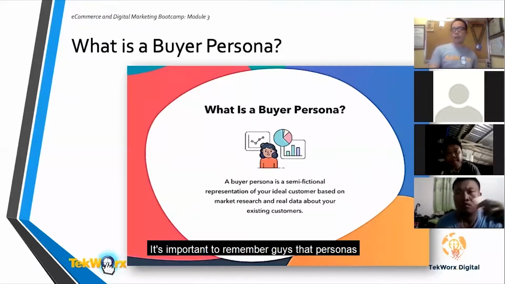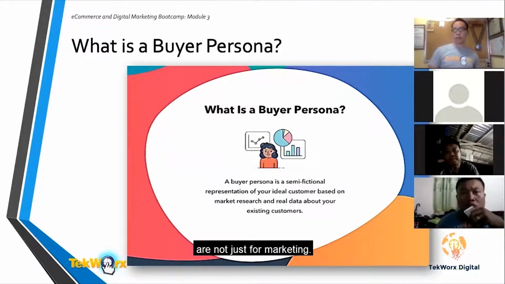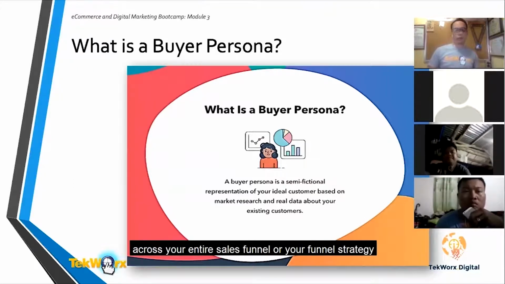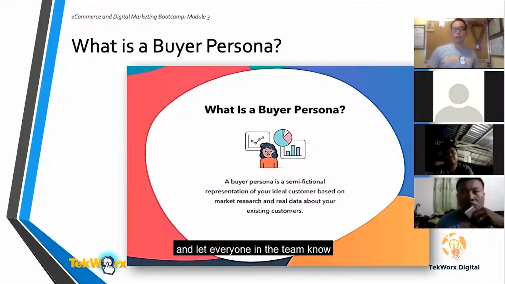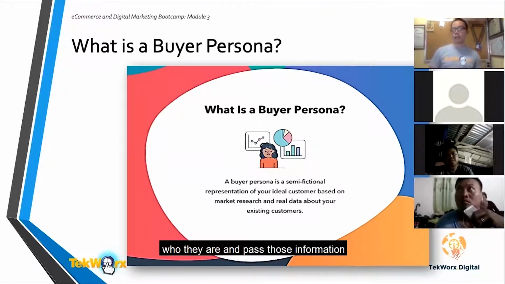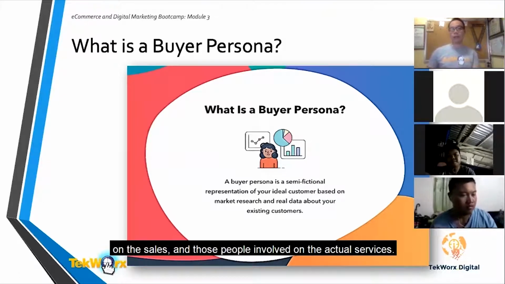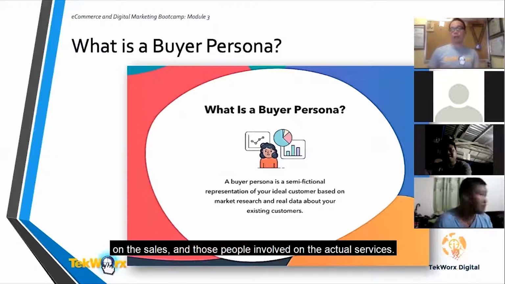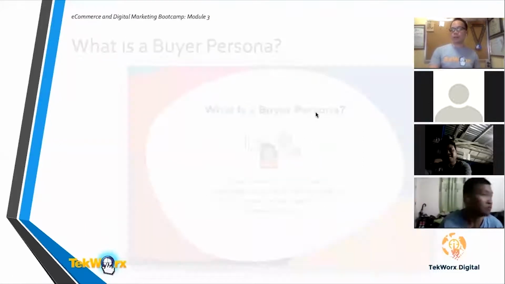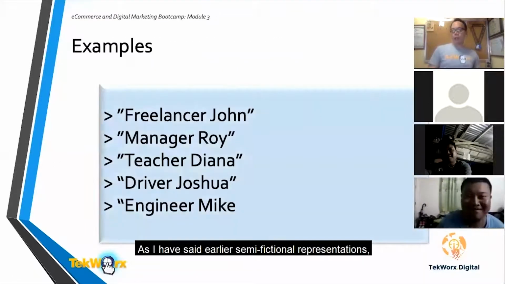So it's important to remember, guys, that personas are not just for marketing. They can be used across the board, across your entire sales funnel or funnel strategy, to let everyone in the team know who they are and pass that information to the rest of your team, be it on marketing, on sales, and those people involved in the actual services. So, as I've said earlier, semi-fictional representations.